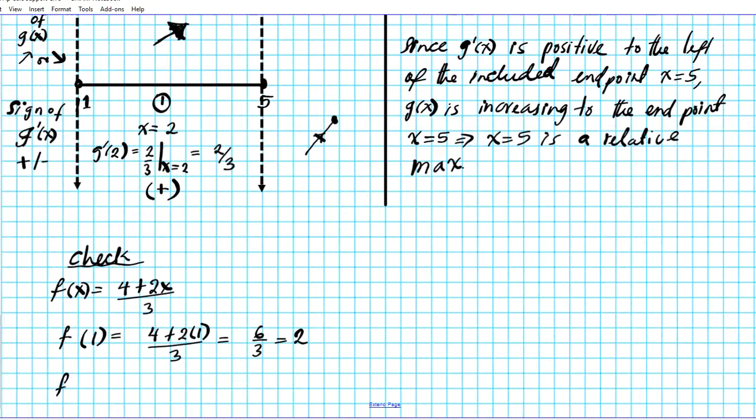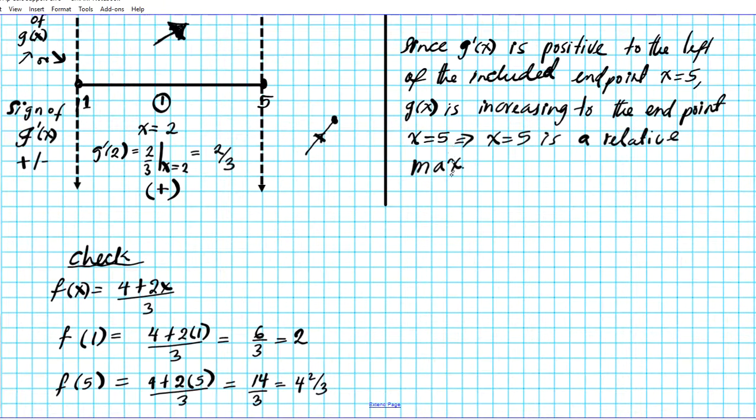Then f of the right endpoint, 5, is 4 plus 2 times 5 over 3. So we have 14 over 3. We can write this as a mixed number. This is going to be 4 and 2/3.